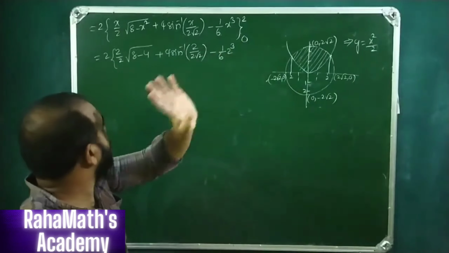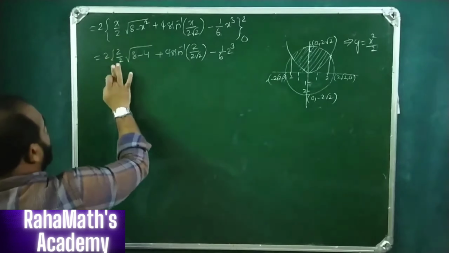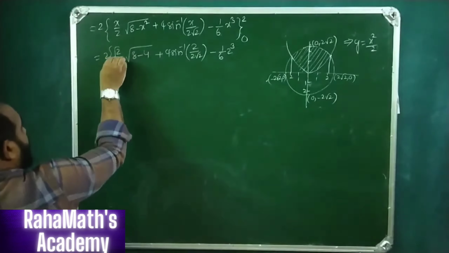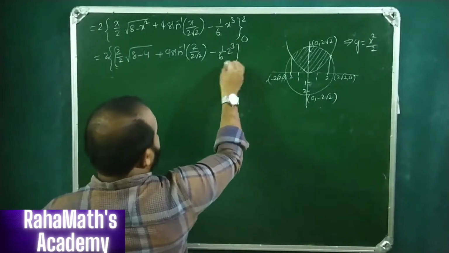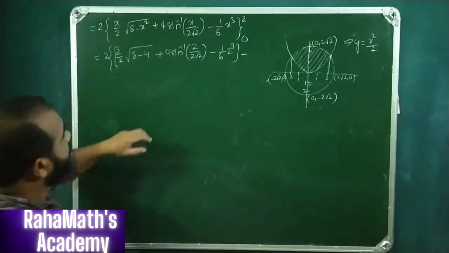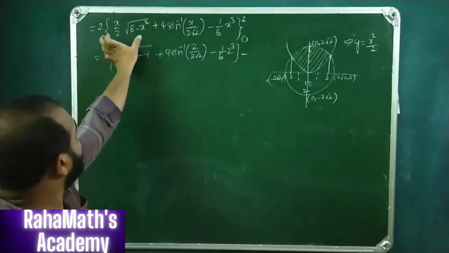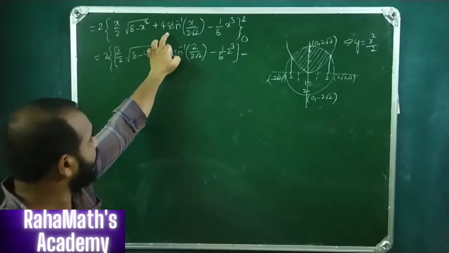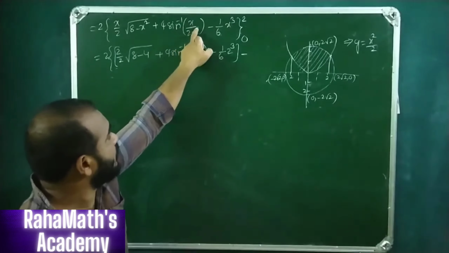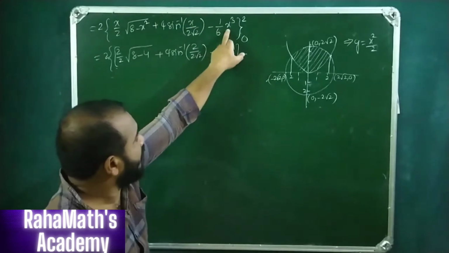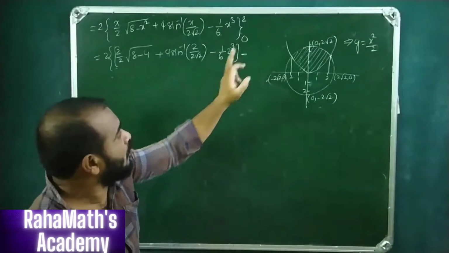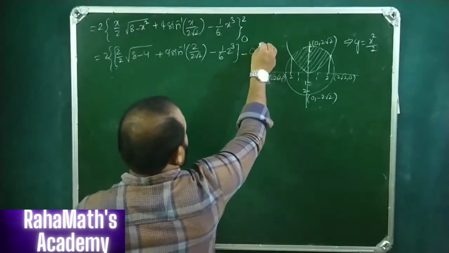This is the whole upper limit, minus the lower limit. At 0, 0 by 2 is 0, sine inverse 0 is 0, and 1 by 6 x cube is 0. So this is all 0.